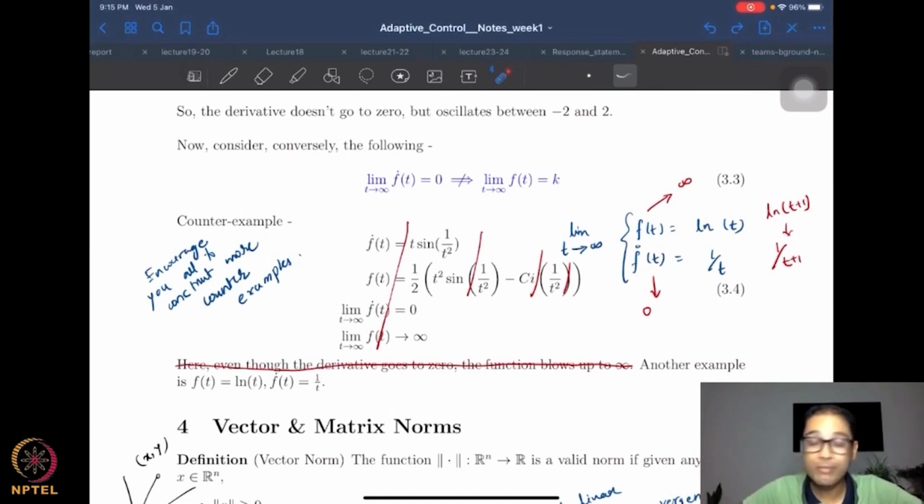A lot of mathematicians write papers out of coming up with counterexamples to some result that somebody seems to have proven, just to claim that the result is probably not correct. You can actually make a business out of coming up with counterexamples. It's an interesting exercise, and I really recommend that all of you try it.